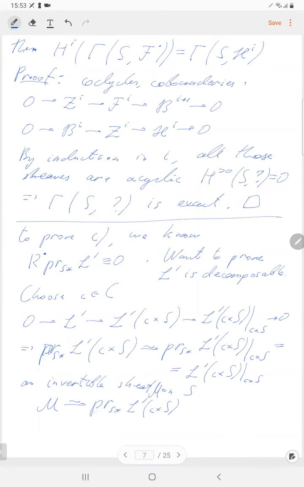Namely, push forward is the right adjoint to the pullback. And so it implies that there is a morphism, the pullback of M goes to L prime twisted by C times S by adjointness.